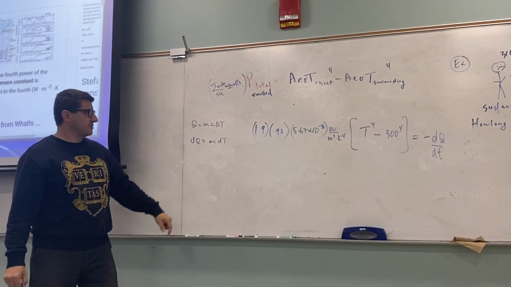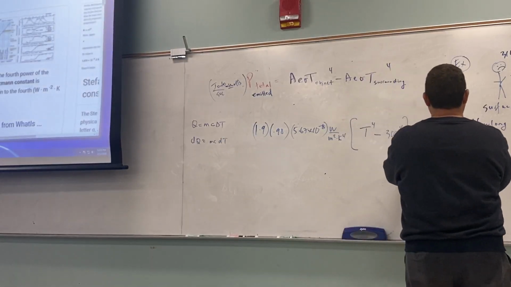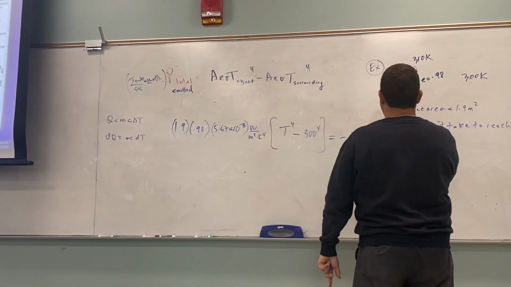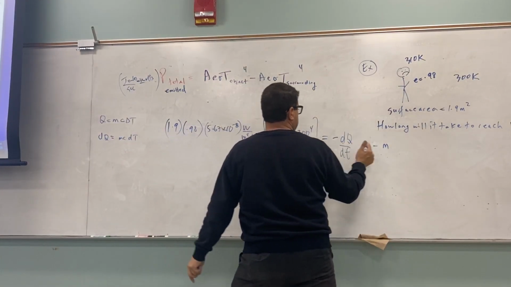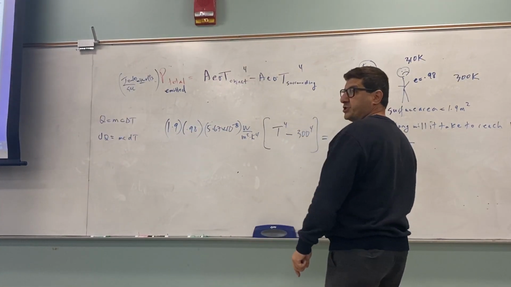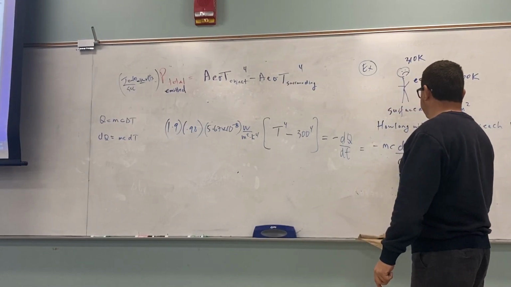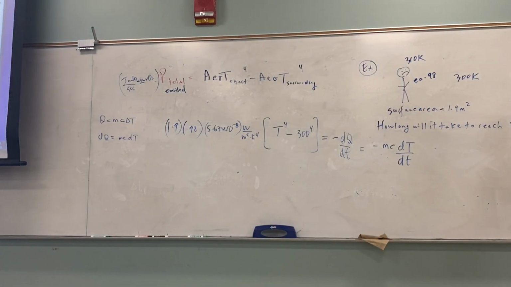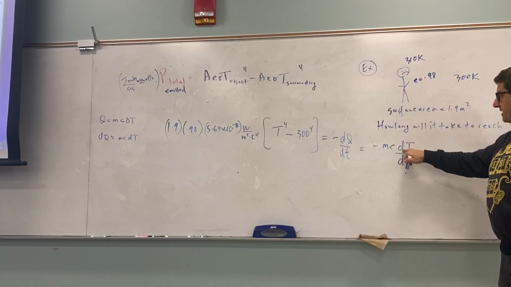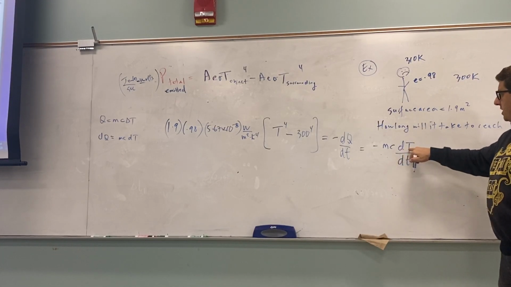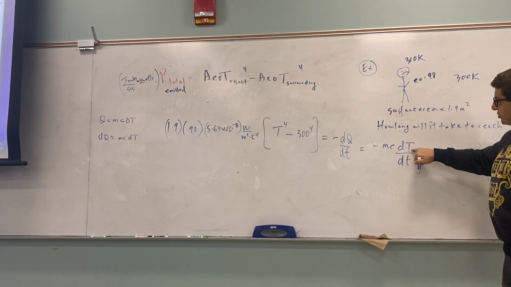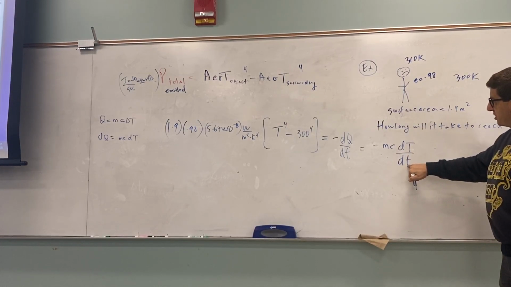So I'm going to put negative mass, specific heat, infinitesimal change in temperature divided by infinitesimal time. Every bit of heat you radiate out causes your temperature to drop, assuming you're a cold-blooded animal and can't regulate your temperature. So this is your temperature change and this is your time.